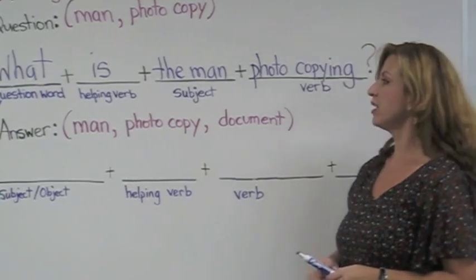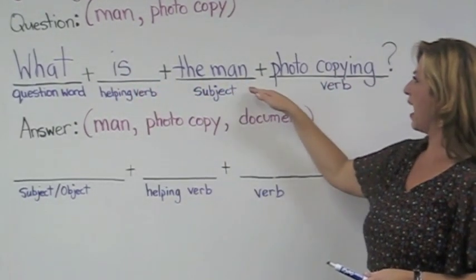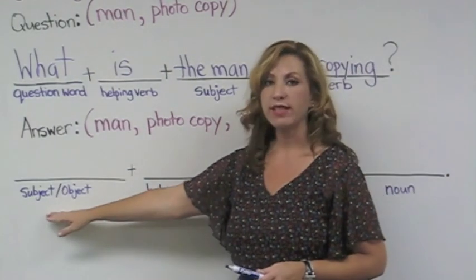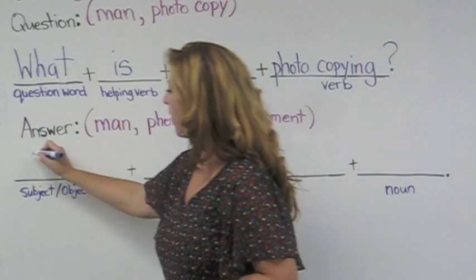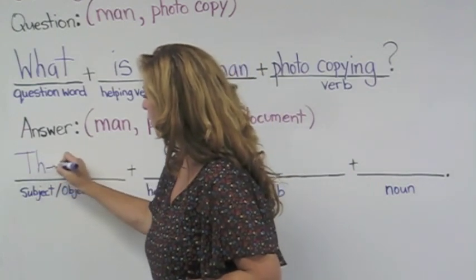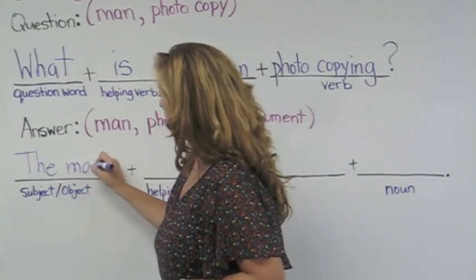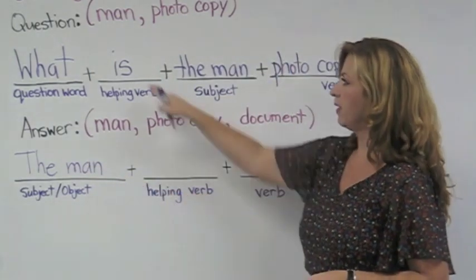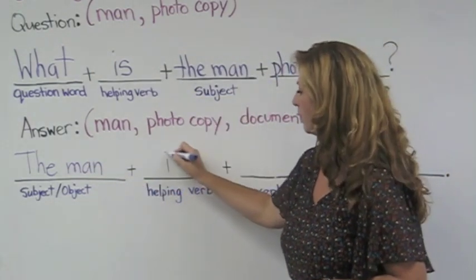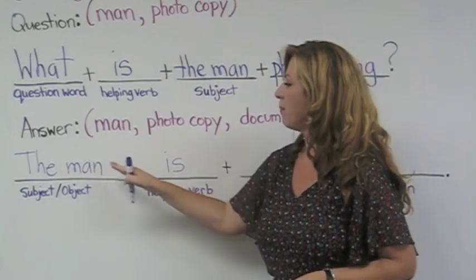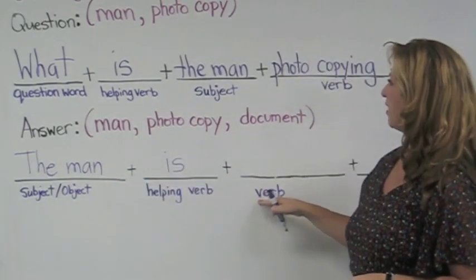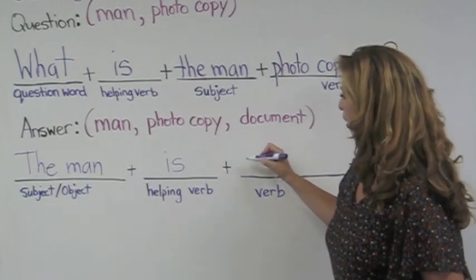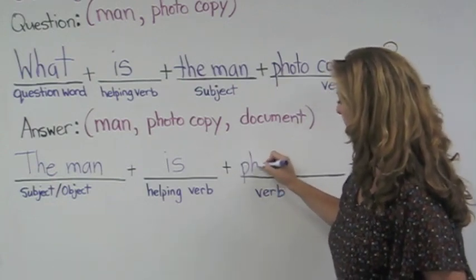Again, our question. What is the man photocopying? Now our subject. The man, our helping verb is. The man is, our main verb is photocopy. The man is photocopying.